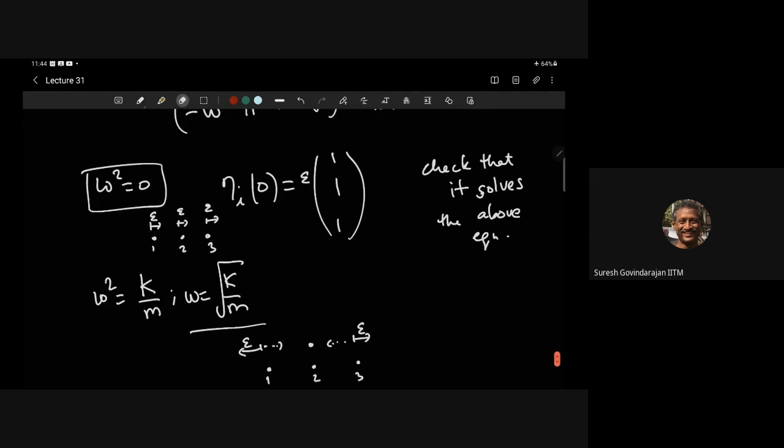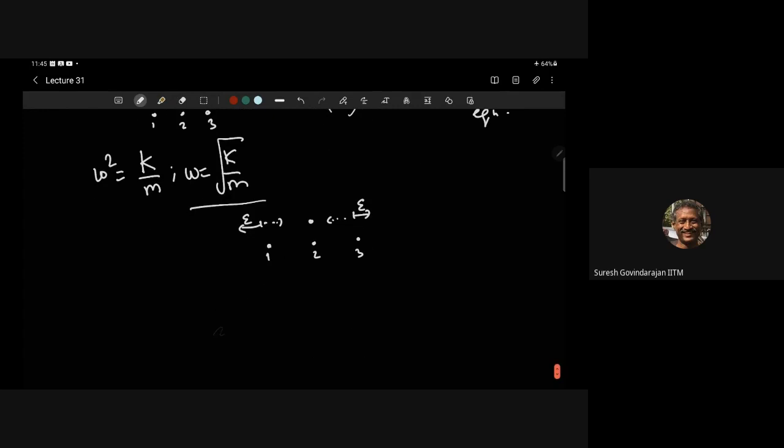We will call this eta 2 in our notation above. We'll call this eta 1 of 0 will be epsilon, 1, 0, minus 1. Again check this. Okay, is this point clear? There's intuition to this whole thing.